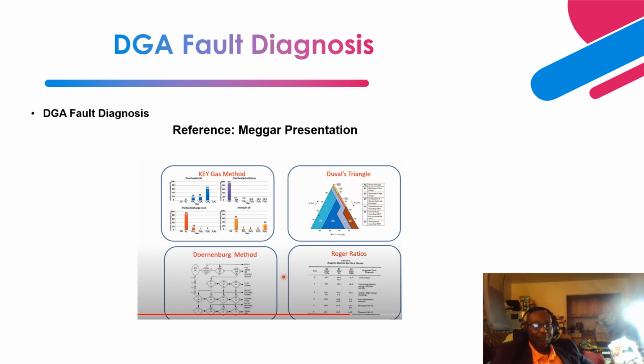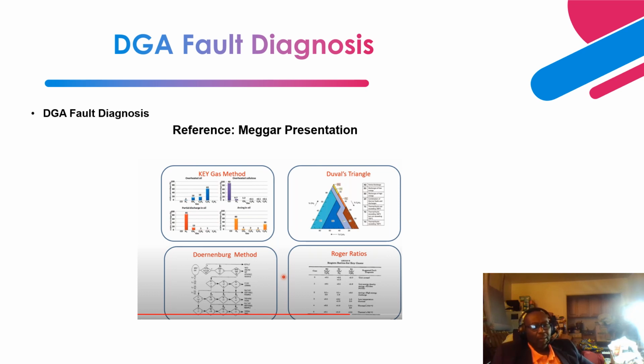Next presentation, and basically it's a DGA fault diagnosis. Okay, so as you energize the transformer, and the transformer is soaked, let's say for 24 hours or more, on no load, that's when you collect an oil sample and send it to the lab, right, for oil quality analysis to be performed and chemical composition and dissolved gas analysis to be performed, right?